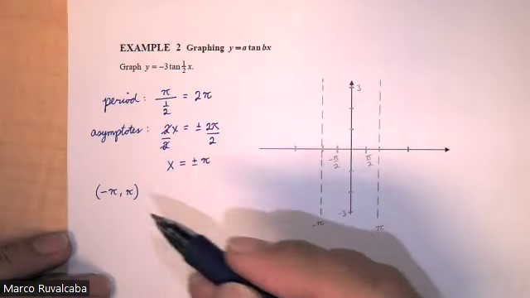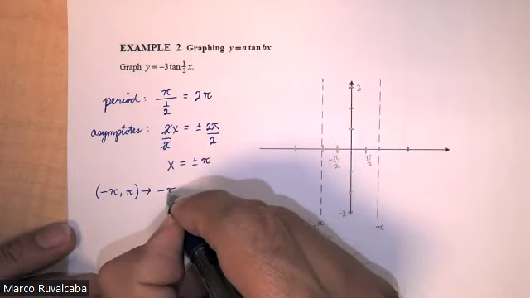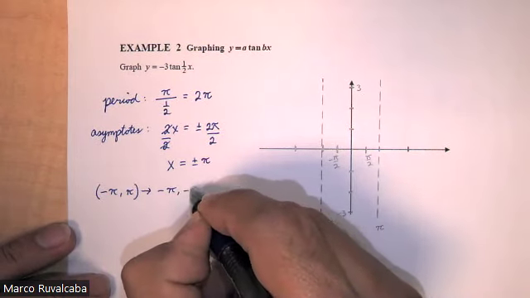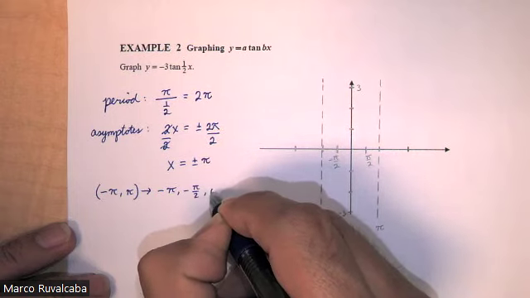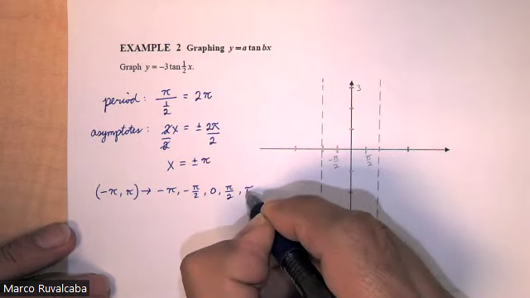Its length is 2 pi, and therefore the endpoints are going to be from negative pi to negative pi halves to 0 to pi halves and pi.